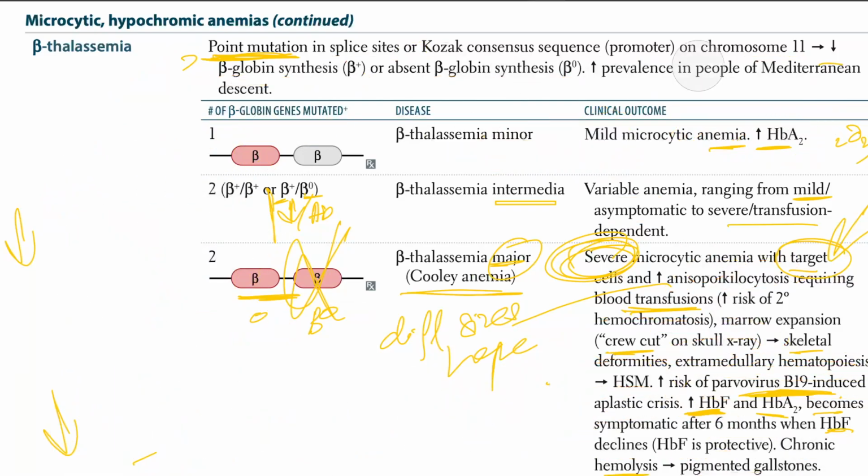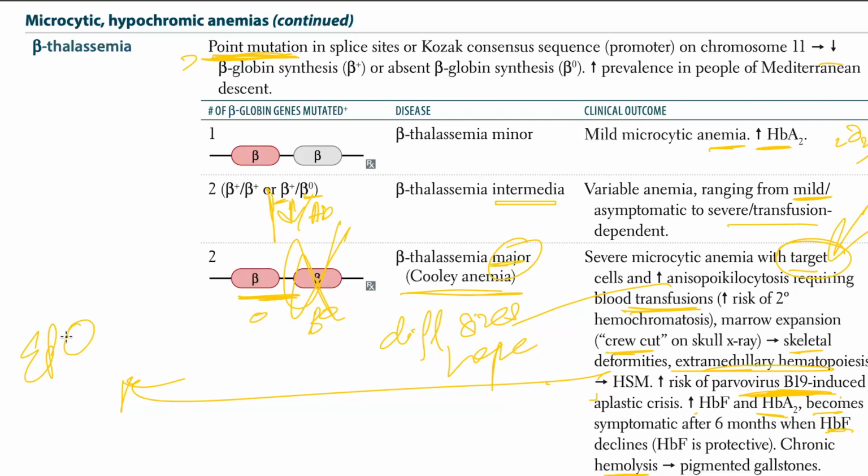Some other points to mention about thalassemias: the presence of erythrocyte precursor cells in organs, for example liver and spleen, indicates extramedullary hematopoiesis. What was EPO? Erythropoietin.